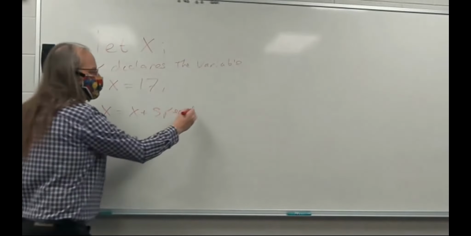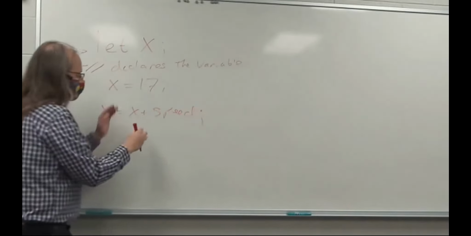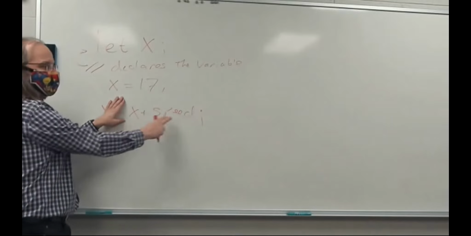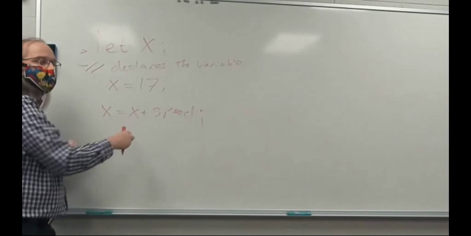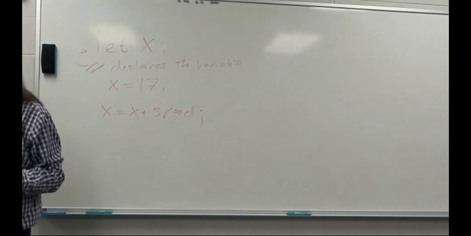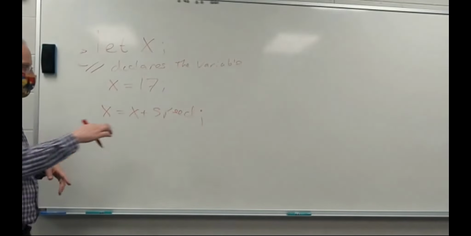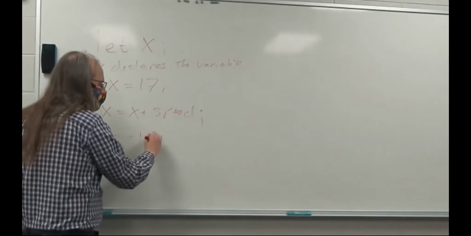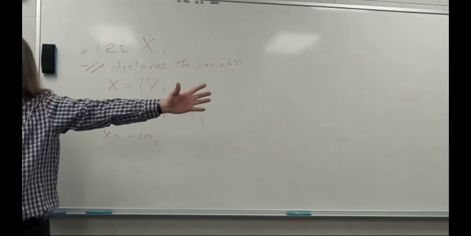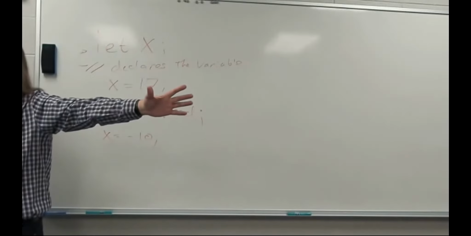That's going to say whatever's in x, add speed to it, store it back in x. But if we wanted to just make the ball teleport somewhere, we could just say x gets some number like -10. So then it goes all the way over to the left side of the screen again, right?